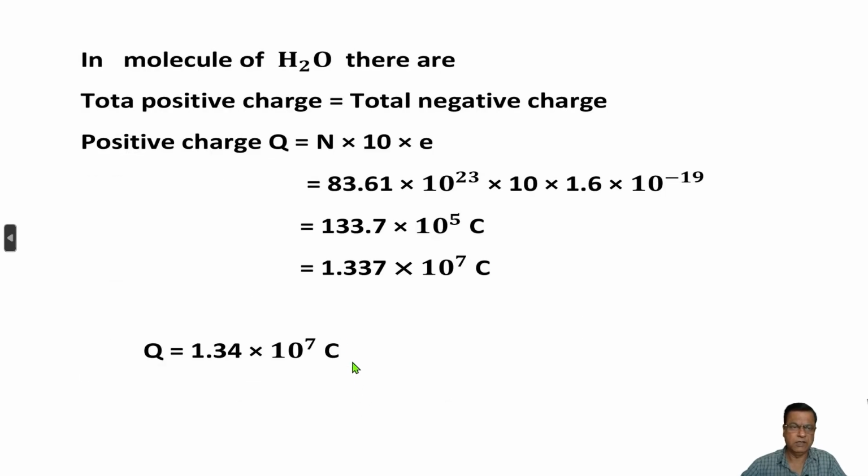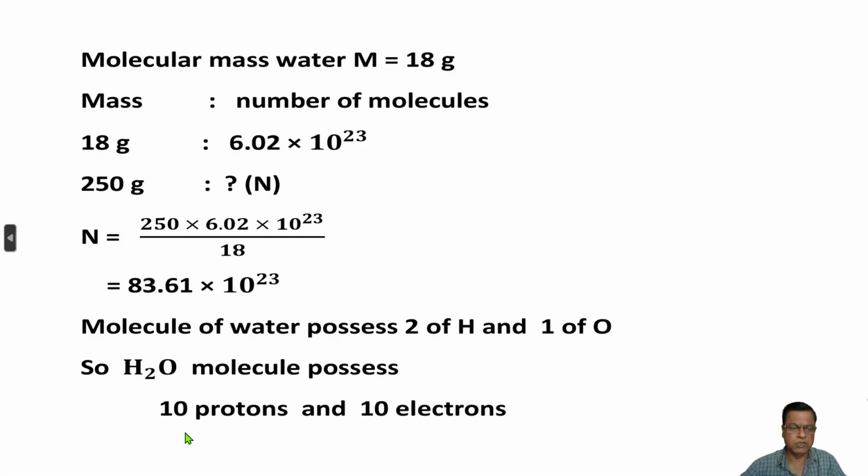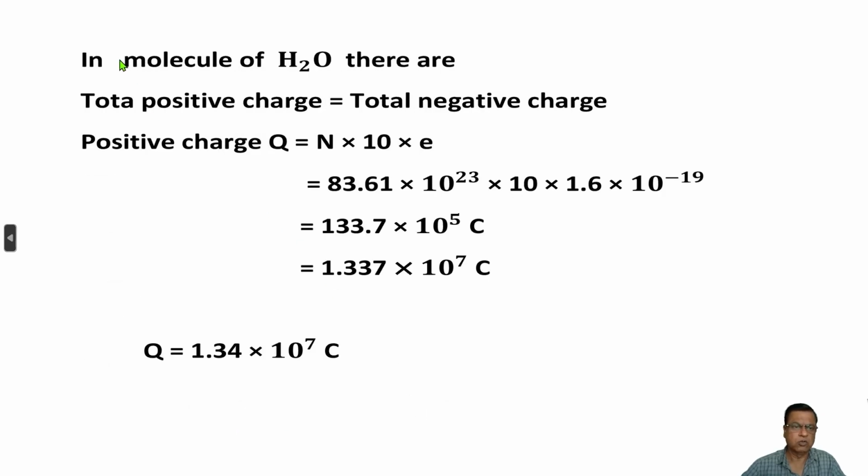So now again, in a molecule of H2O, the total positive charge is equal to the total negative charge, because in an H2O molecule the number of protons is equal to the number of electrons.